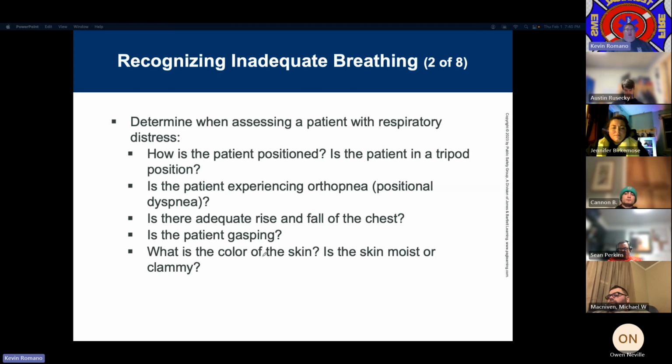Is the patient experiencing positional dyspnea? Orthopnea, right? Positional dyspnea. Patients that weigh 400 pounds laying flat on their back. Can they breathe? Maybe not.